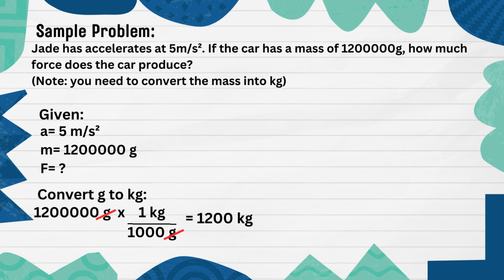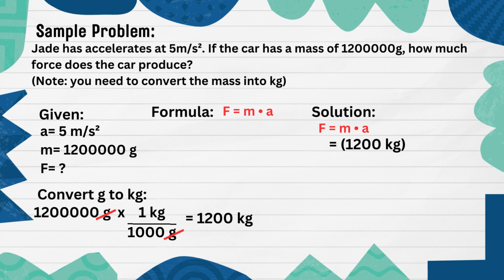The formula that we are going to use is F is equal to M times A. Substitute the given into the formula. The M that we will use is the one that we converted, 120 kg, times the acceleration, which is 5 m/s squared.